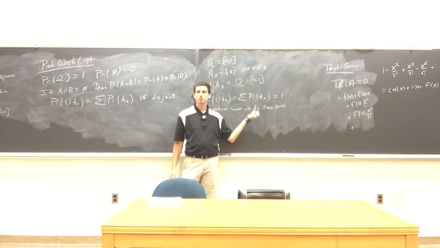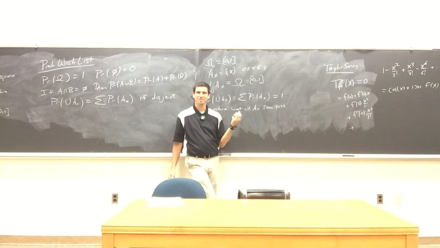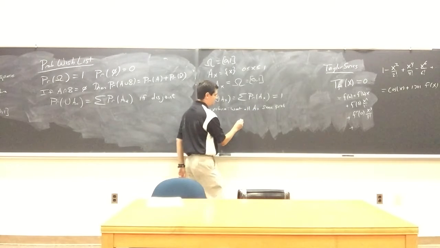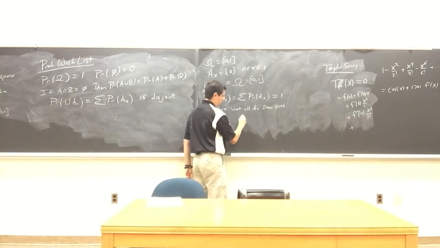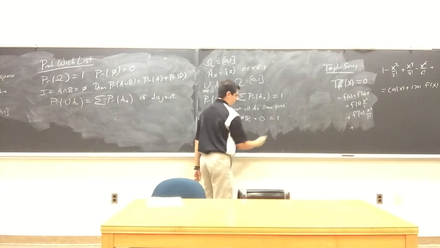If the probability was greater than 0, we have infinitely many of them, so it would blow up. However, if the probability is 0, we basically get the cardinality of the reals times 0 equals 1.